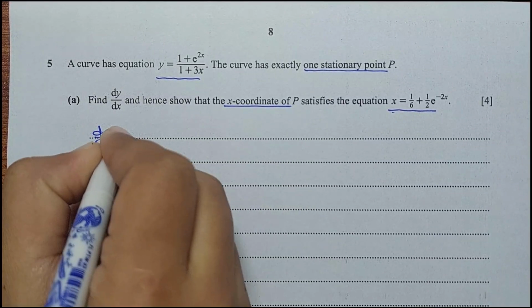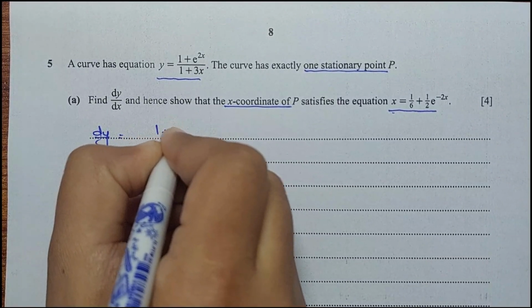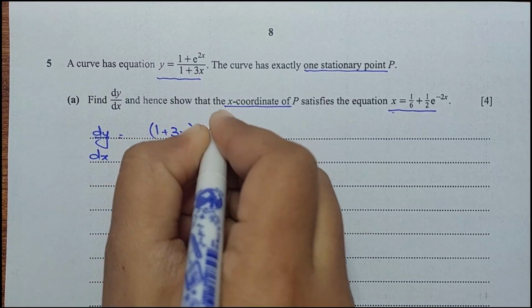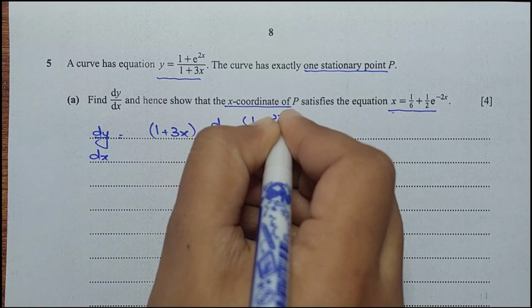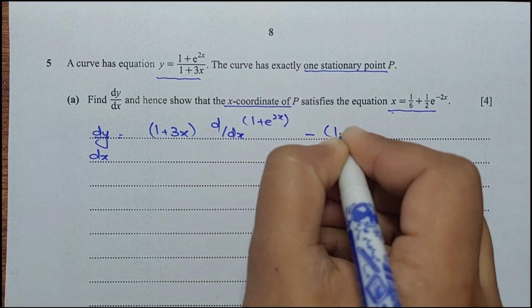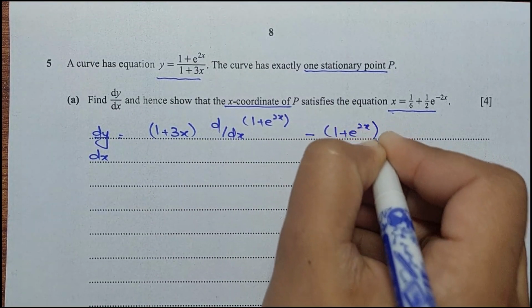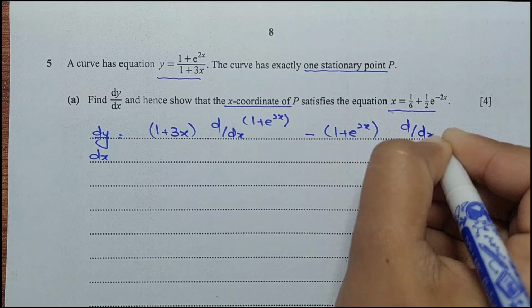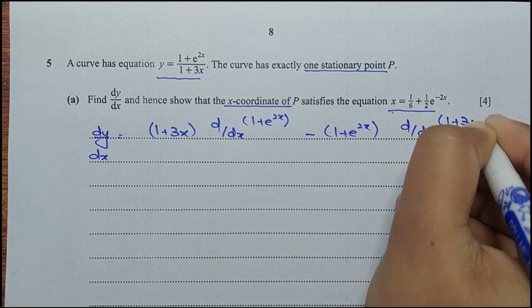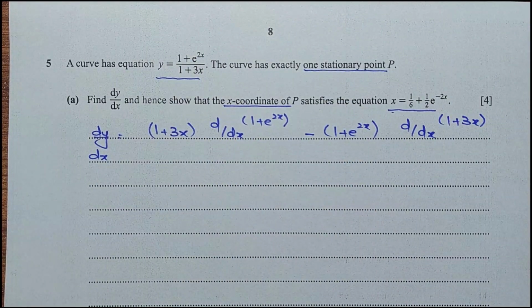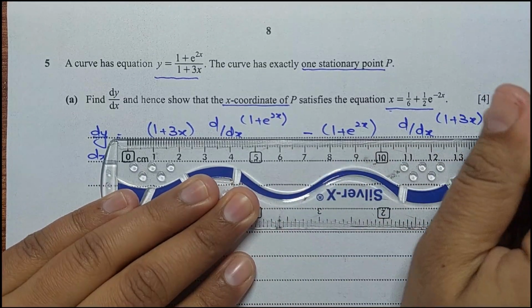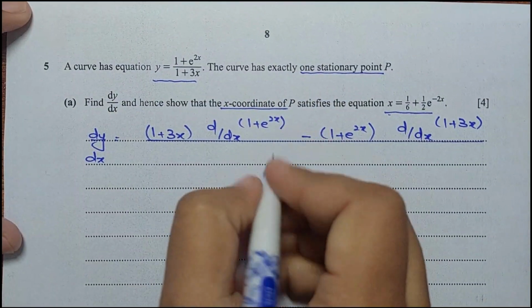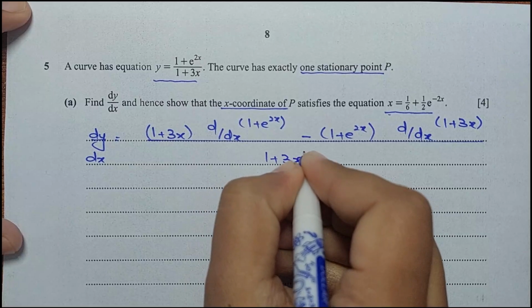Applying the quotient rule over here: the denominator function times the derivative of the numerator function, minus the numerator function times the derivative d by dx of the denominator function 1 plus 3x, right? Everything divided by the square of the denominator function, 1 plus 3x whole square.